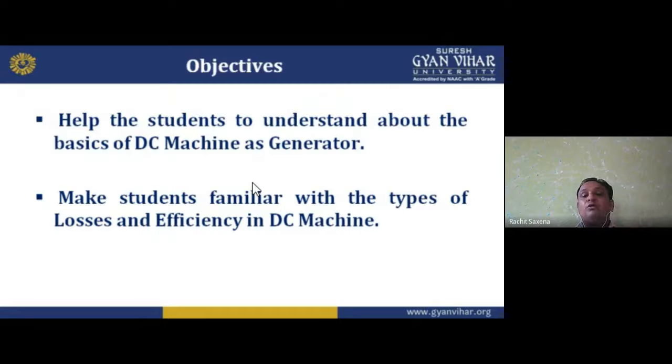Then we'll talk about the losses and efficiency in a DC machine, because generator and motor have the same construction but different principles of operation and different direction of loss. I hope you understand. So the objective is to make students familiar with the types of losses and efficiency. These are the objectives of this lecture.